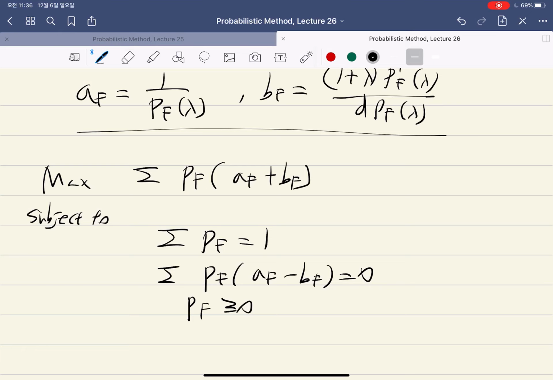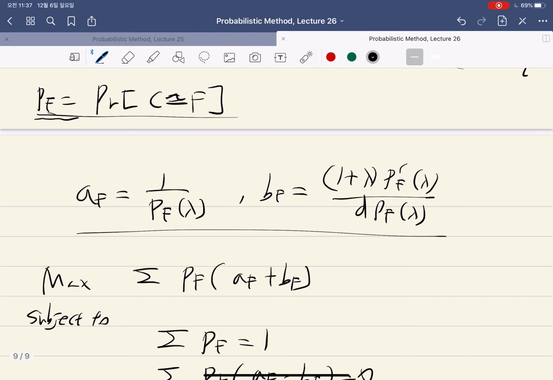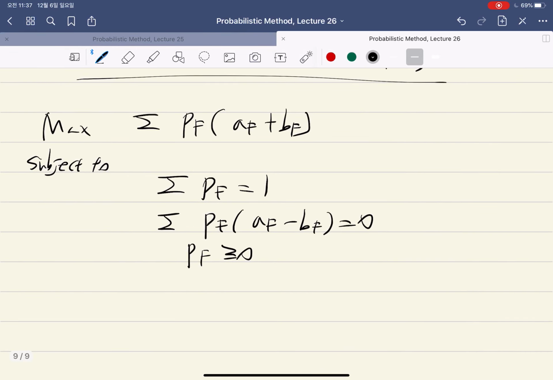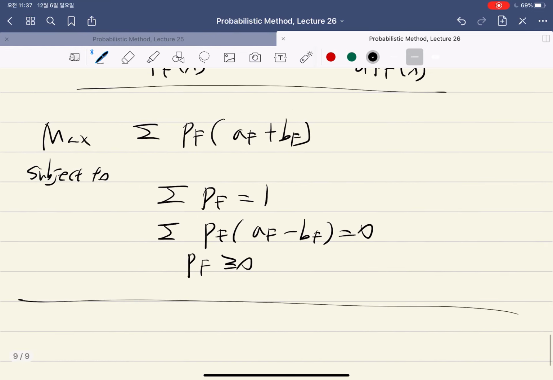So we want to show this. And we want to find the maximum of this linear program. How do you do this? One of the basic ways is you consider the dual. How do you take the dual? You take y1 and y2, new variables, and multiply them and add them.